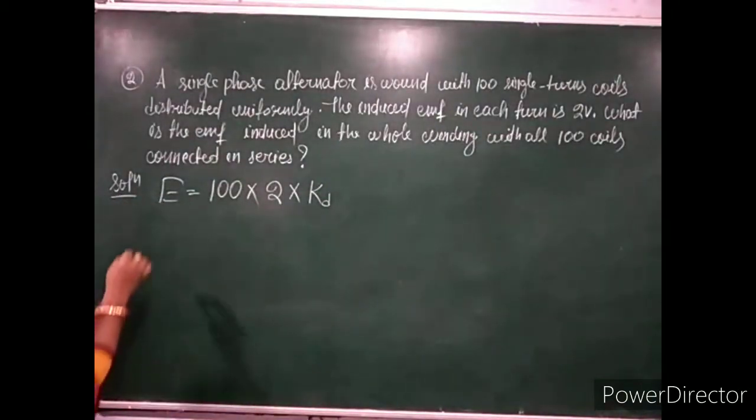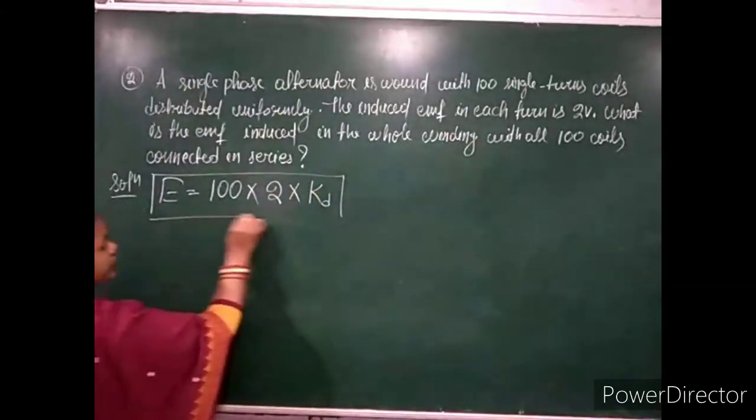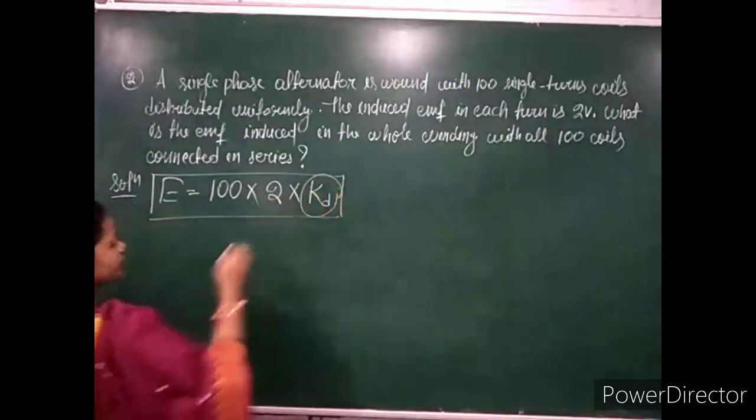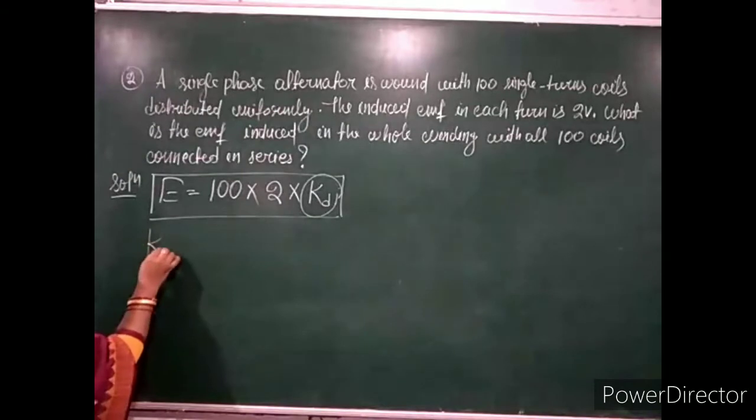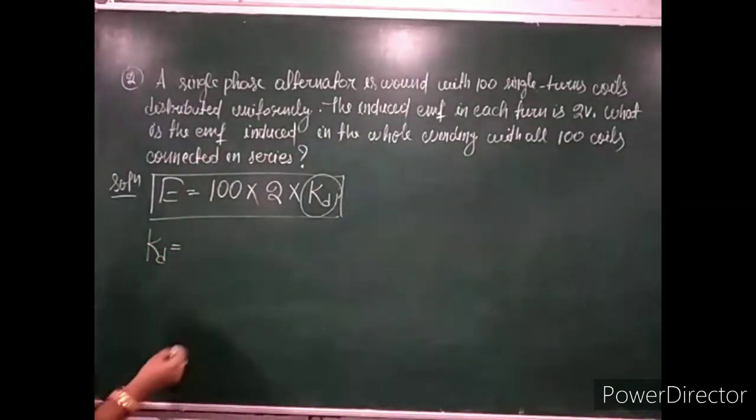So here, for finding EMF generated, you first calculate the distributed winding factor, that is KD, or simply distributed factor.